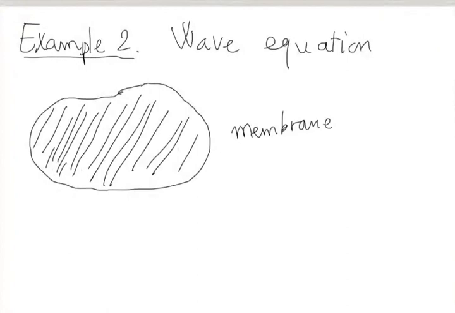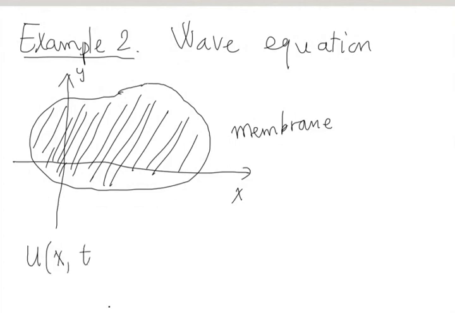And in order to describe the vibration of the trampoline, we use a differential equation called the wave equation. So how do we get that equation? As before, let's consider the coordinate system, x and y, and we describe u of x, y, t.